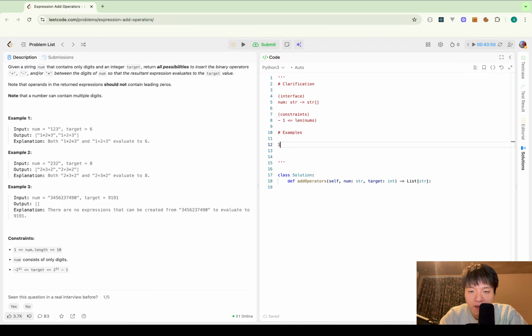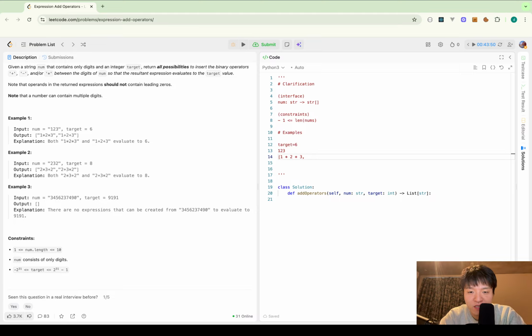Let's say I'm given 1, 2, 3, and I'd like to make 6 from this. I think I can create it in this way, so this is the first string I should return.